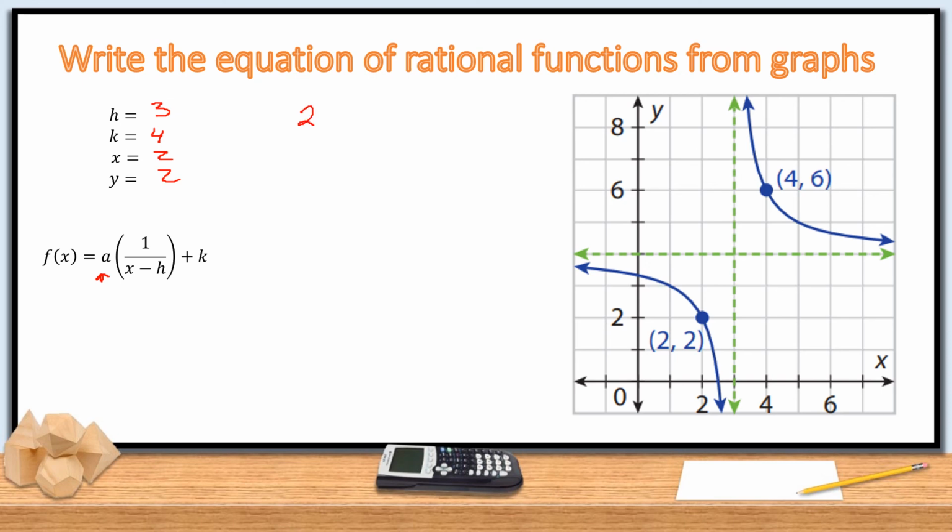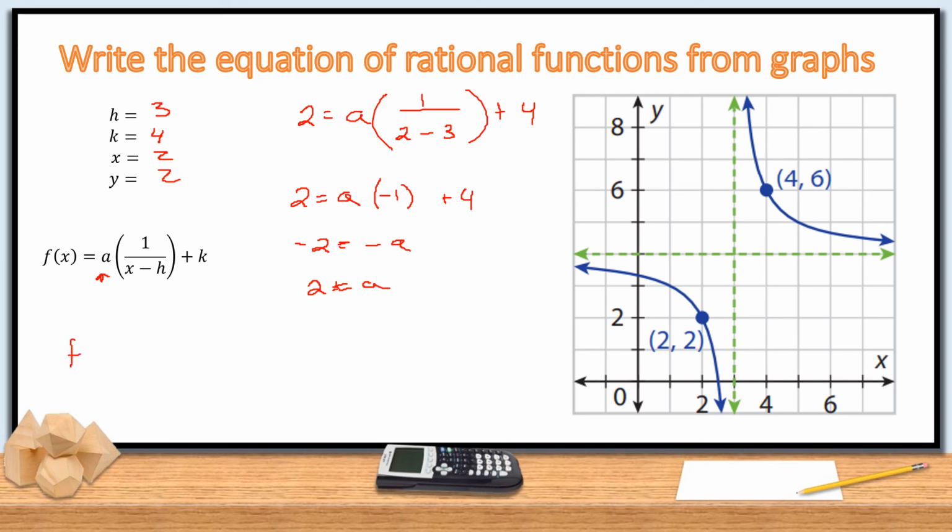So y value 2 is equal to a times 1 over x, which is 2, minus h, plus k. And now you just solve it like a normal equation. So 2 equals a over 1 minus 1 is negative 1, plus 4. Subtract the 4 from both sides. Minus 2 is equal to minus a, which means positive 2 is equal to a.